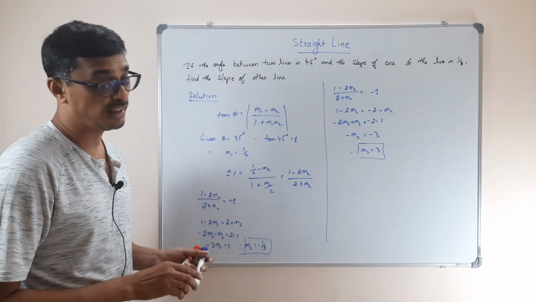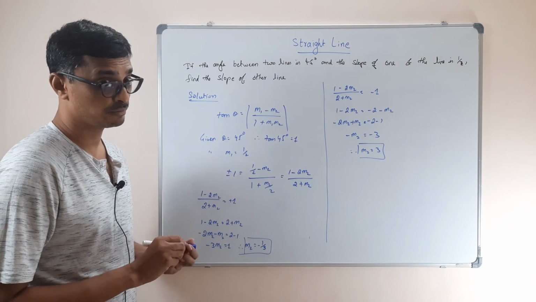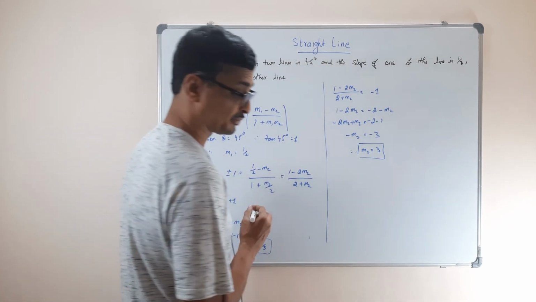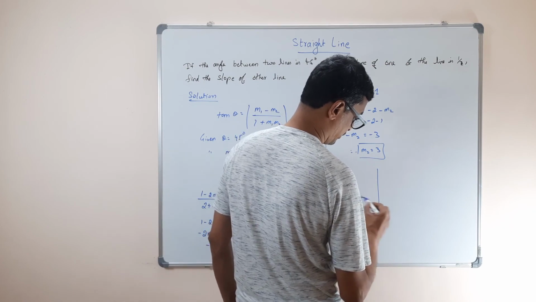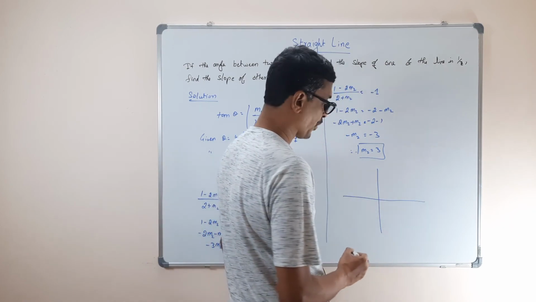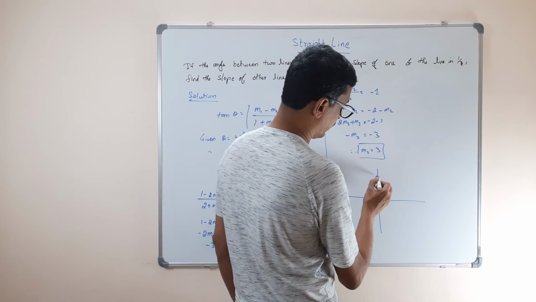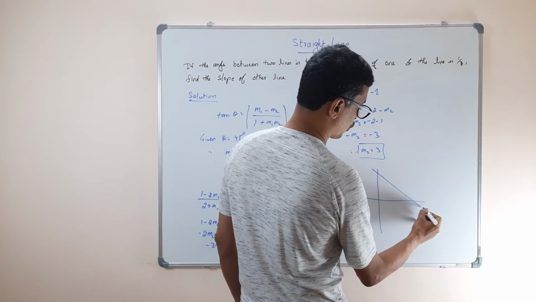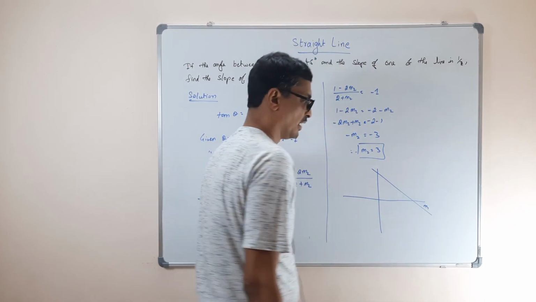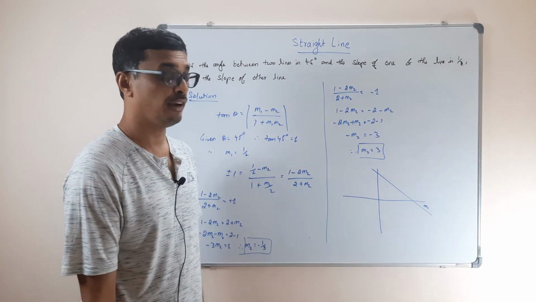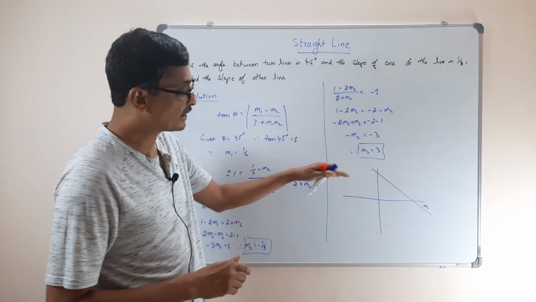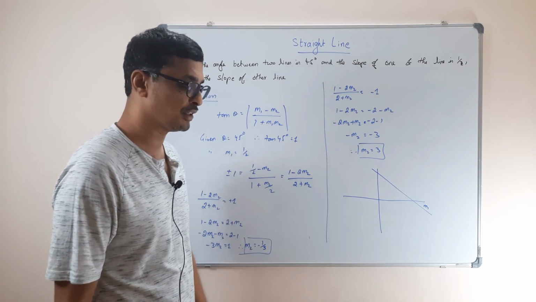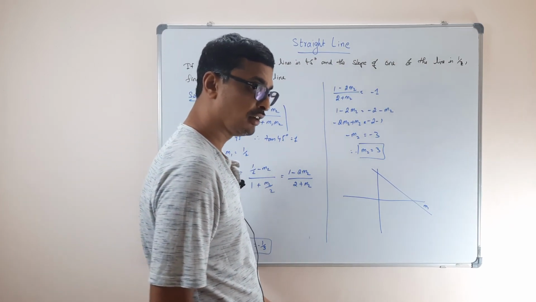Why are there two slopes? Can you tell me? See, I am giving you a coordinate system. Okay? So I have given one line, say the slope is equal to M1. Now I am asking you, can you draw a line which intersects at 45 degree with respect to this line? Can you draw?